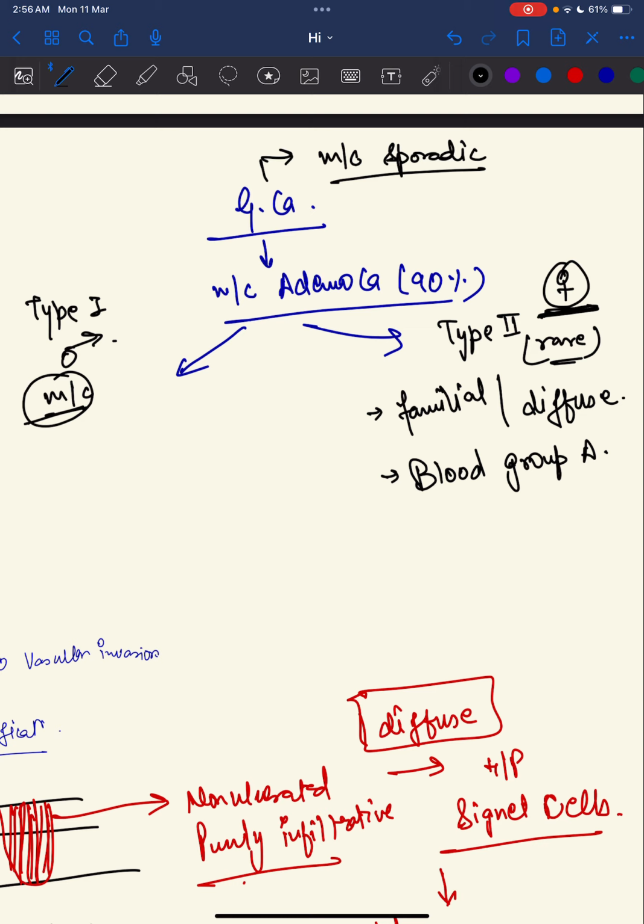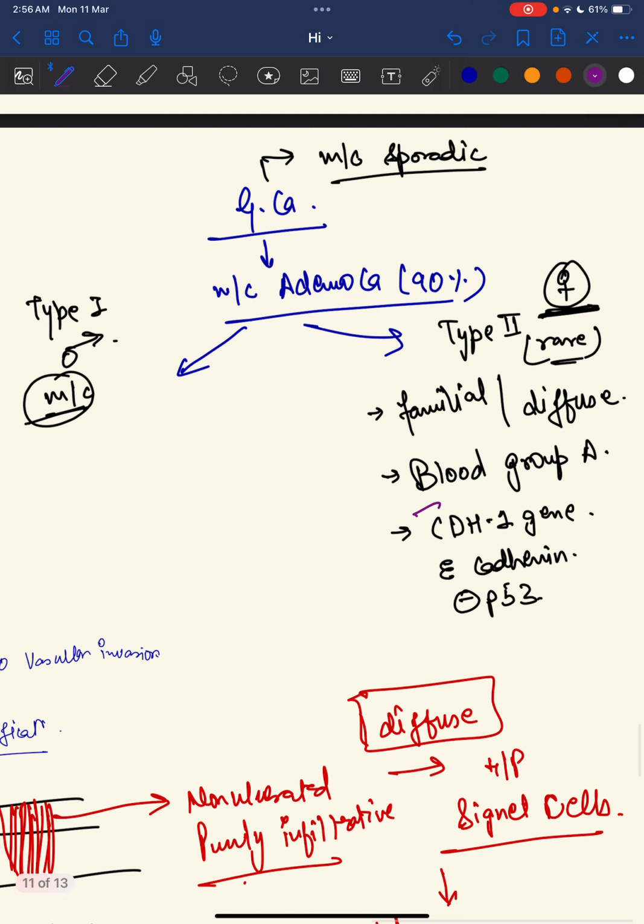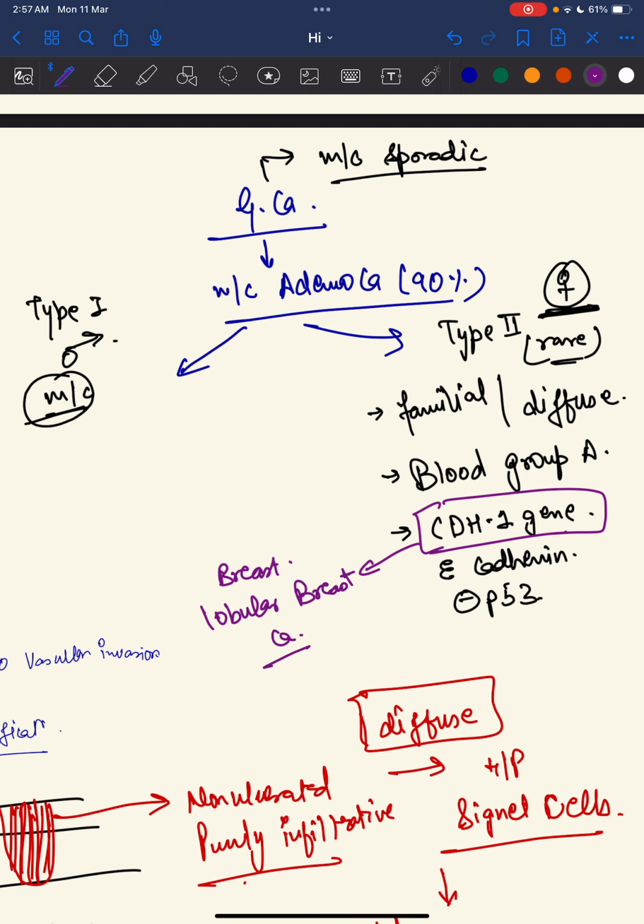It is more commonly seen in blood group A, and you have a CDH1 gene mutation here, which is E-cadherin, and p53. The CDH1 gene is also seen in lobular breast cancer, so this was one connection from another topic.